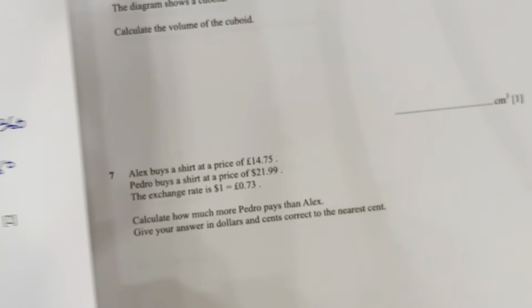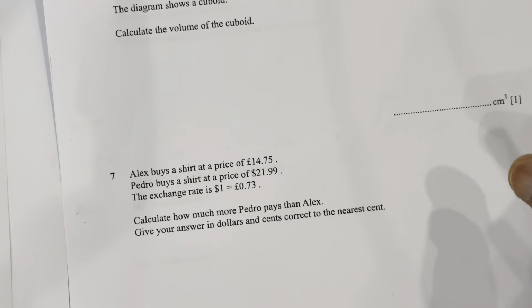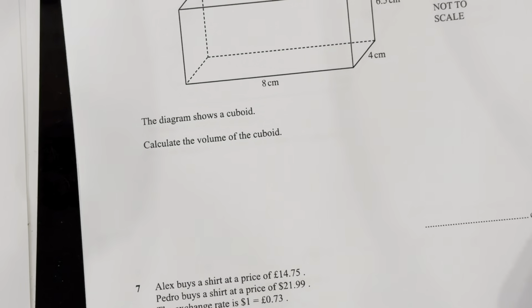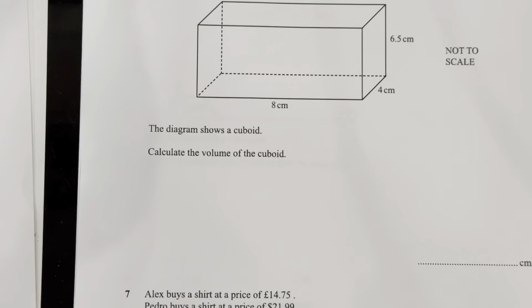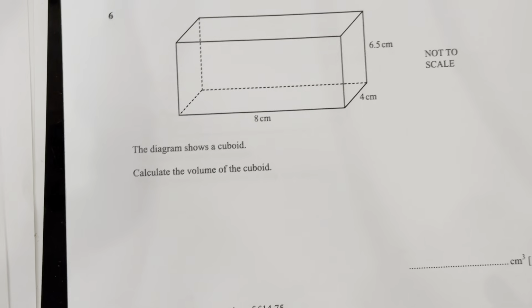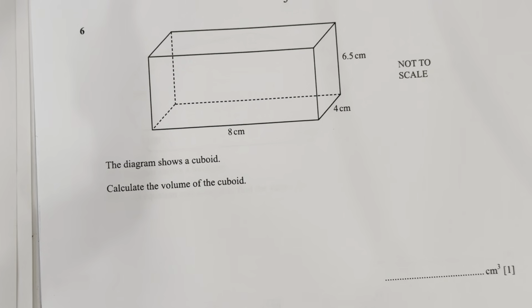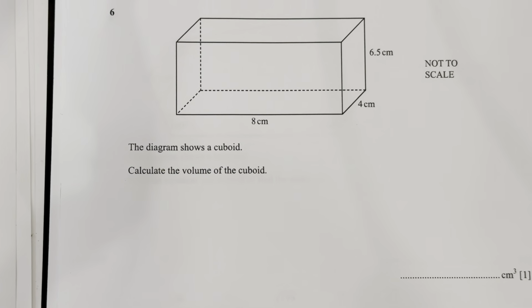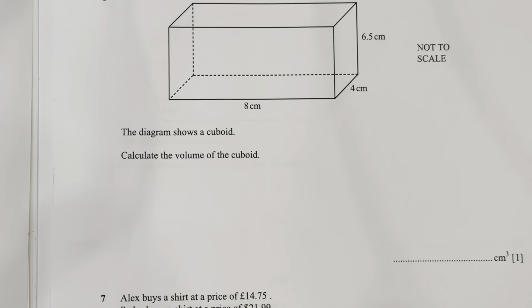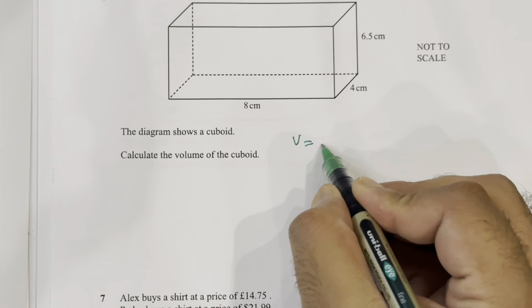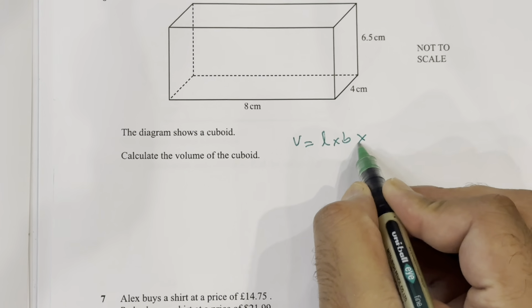Question number 6 is from the mensuration topic. This is an easy question. The diagram shows a cuboid. Calculate the volume of the cuboid. We know that the formula for the volume of a cuboid is V equals length times breadth times height.